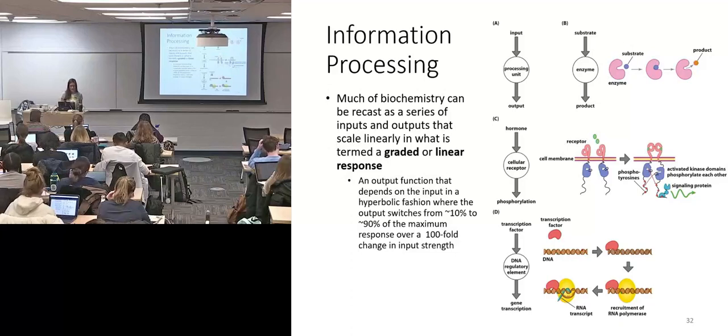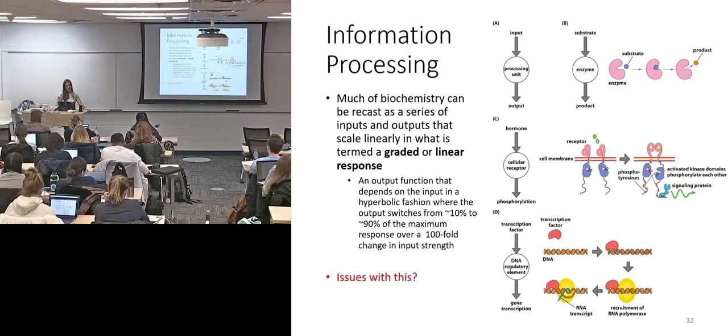So an output function that depends on the input in this hyperbolic fashion, where the output switches from about 10% to 90% over that 100-fold change in input strength, that universal binding curve, is what we call, again, this graded or linear response. We said the hyperbolic shape was our quintessential. We know we have a one-to-one situation going on.